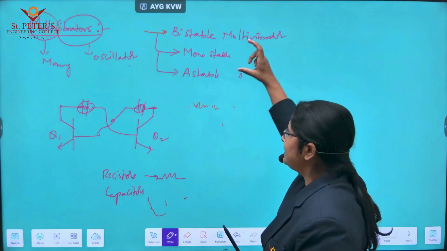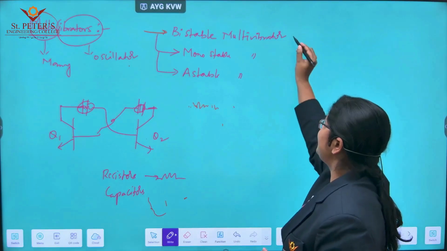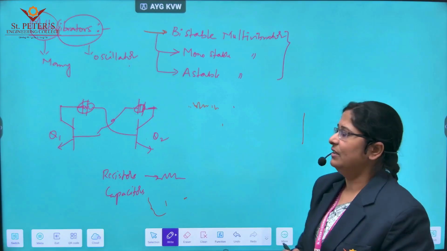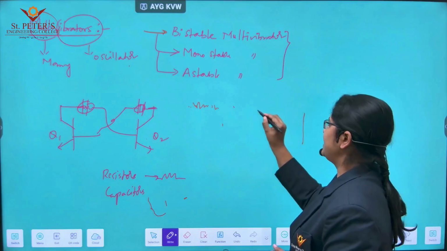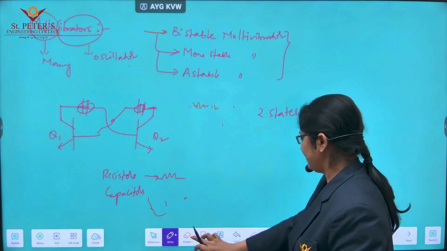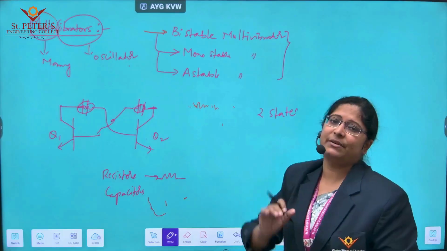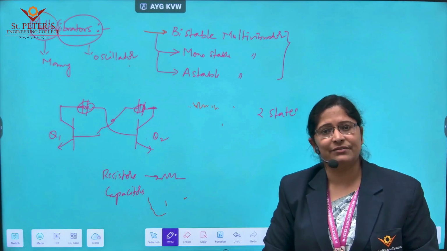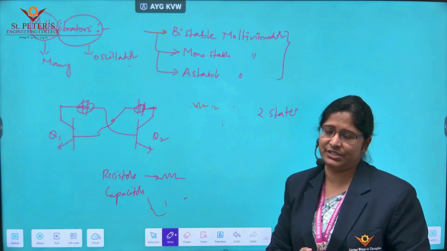Other than this classification based on coupling, we can also classify multivibrators based on states. Each of these multivibrators has two states. Bistable multivibrator has two states, monostable multivibrator has two states, and astable multivibrator also has two states.